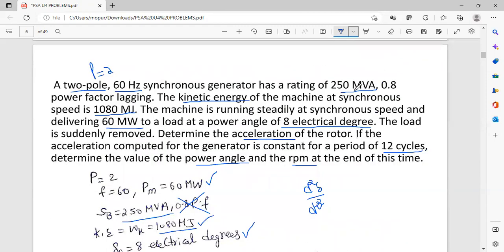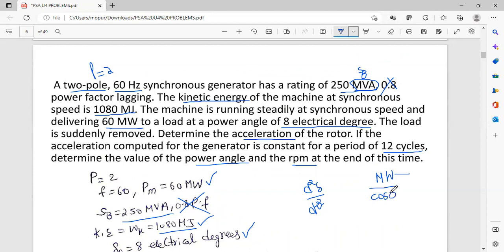Here also they have given megavolt ampere. So this 0.8 is not required, and directly you can take this as SB. If megawatt is given, then you divide that megawatt by cos phi, the power factor. There is one more case.